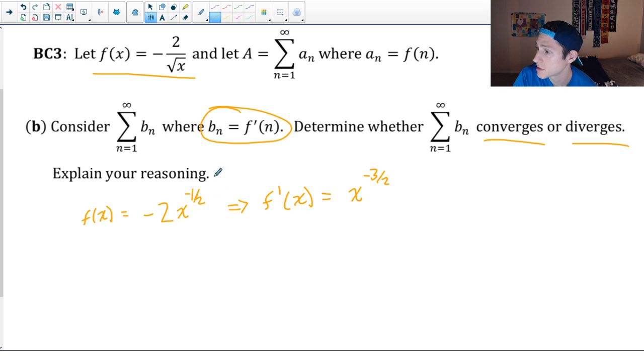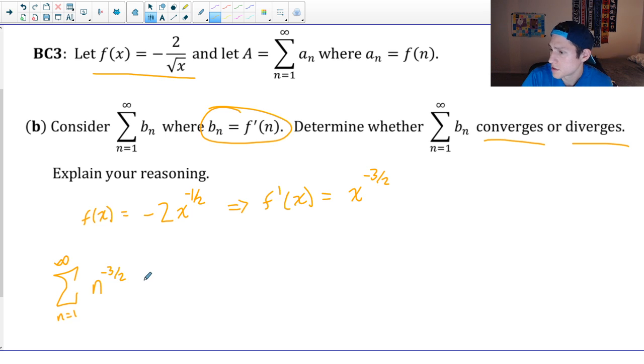Correct? Yeah, -2 times -1/2 would be +1. -1/2 minus 1 would be -3/2. So there's f prime. All right, so our series that we're looking at, the series from 1 to infinity of Bn, where Bn is f prime, so n to the -3/2.